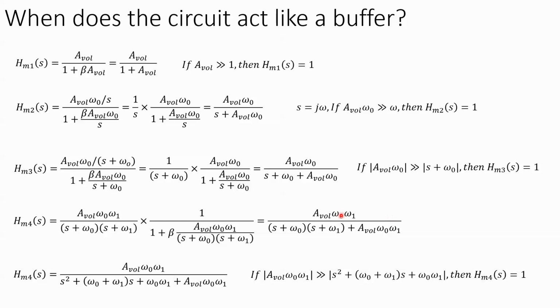So, as you can see, in the first model, it acts like a buffer no matter what the frequency. Here, at some point, when the frequency gets close to the open loop gain, it's going to stop acting like it. When the magnitude of the frequency plus the pole is getting close to this, it's going to stop, right? And then the same with the second order.